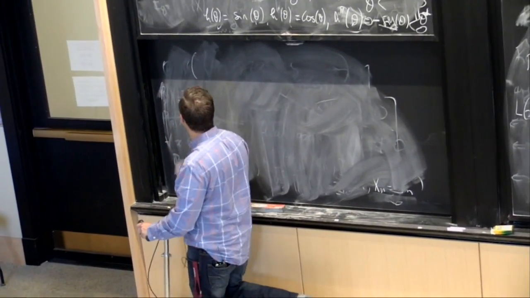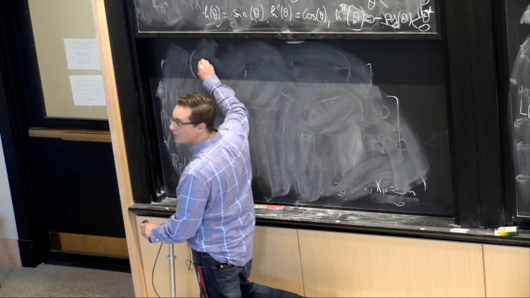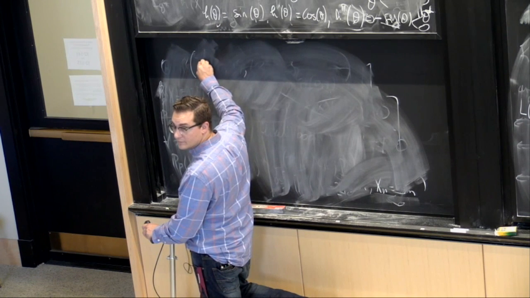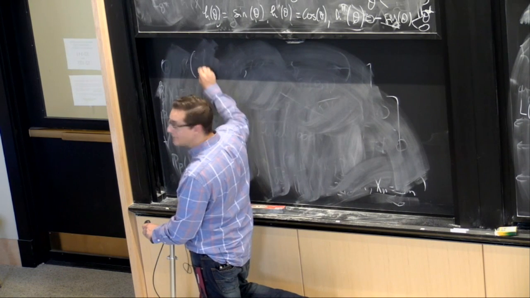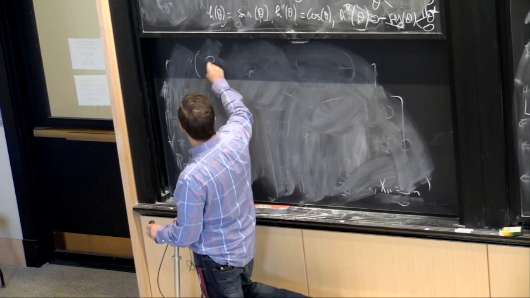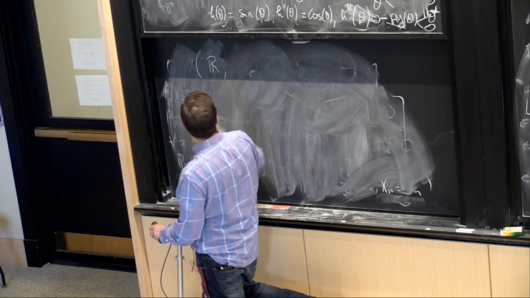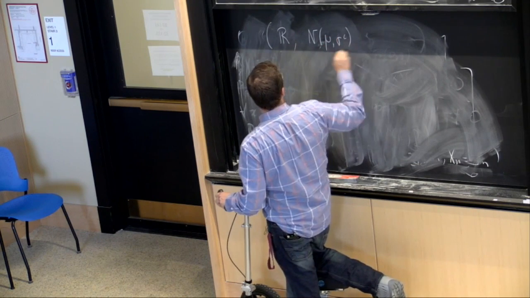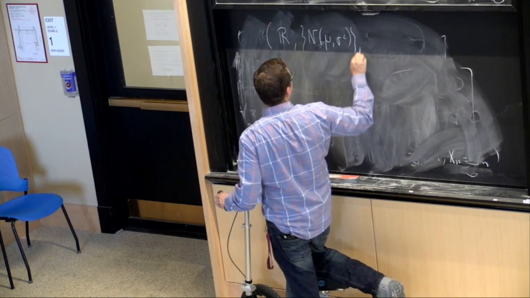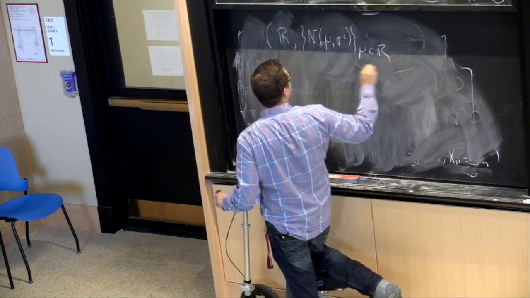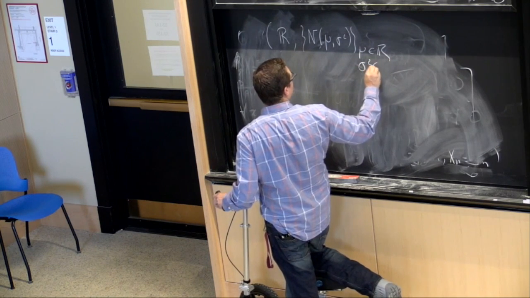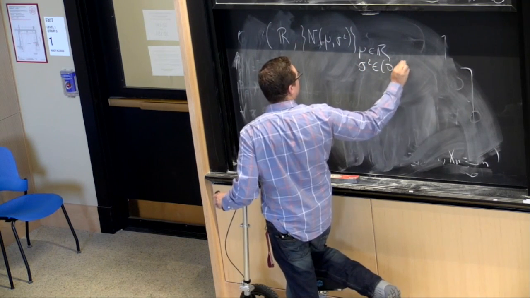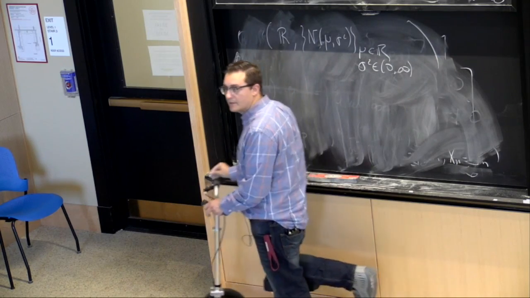So that means that my sample space is going to be what? Well, my sample space is still R. Those are just my observations. But then I'm going to have N(mu, sigma squared). And the parameters of interest are mu in R and sigma squared in (0, infinity). Okay, so that's my Gaussian model.